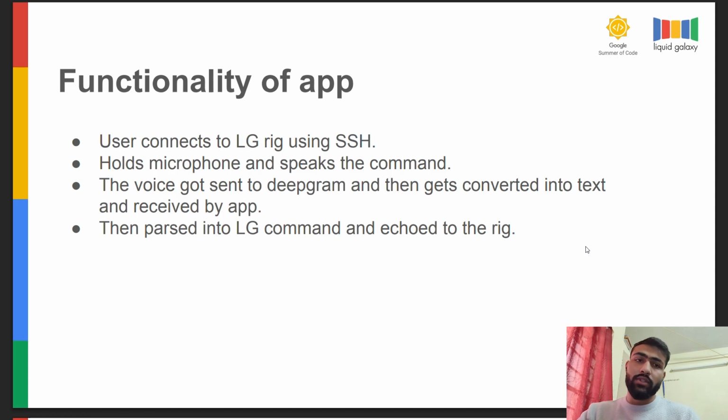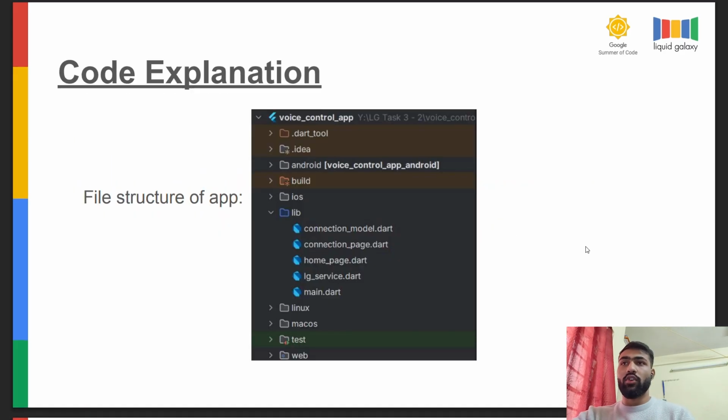It is sent to Deepgram, which converts it to text, and the output is received by the app. The application parses it and maps the command, and Google Earth listens to the command using echoing commands, and the desired output is shown on the rig. The whole process is real time, and the user gets real-time feedback. Before moving on to the code explanation, let's get on to the working demonstration of the app.